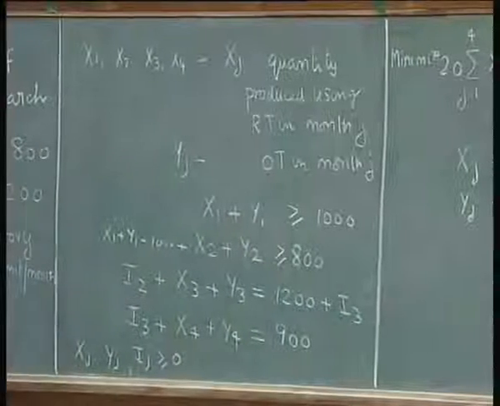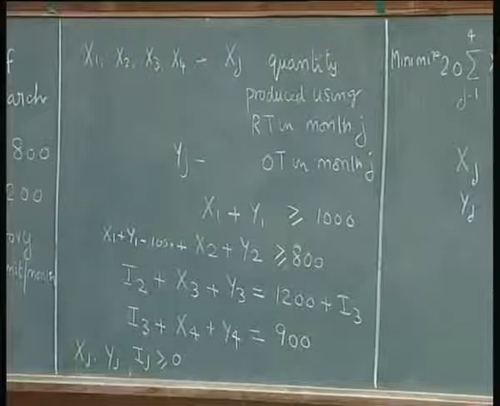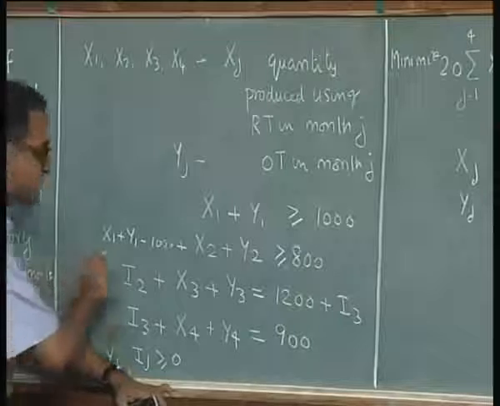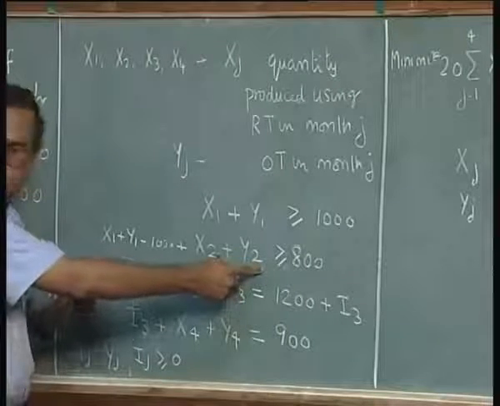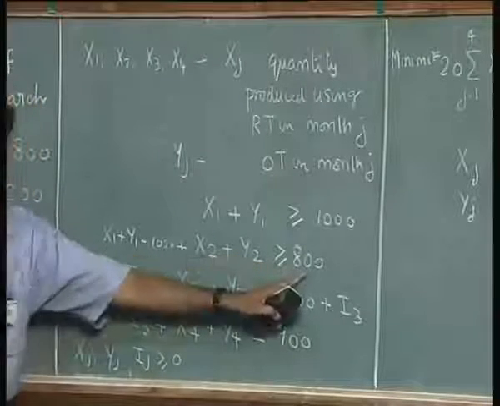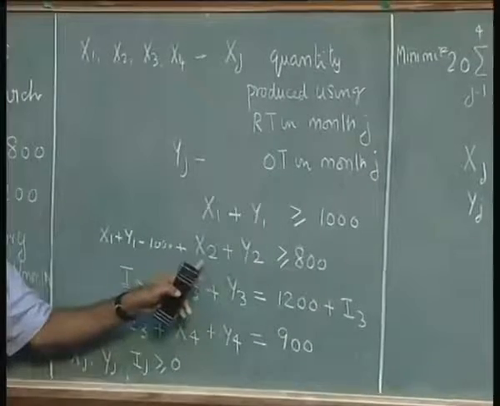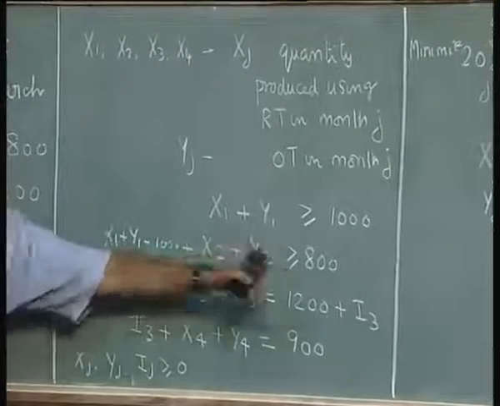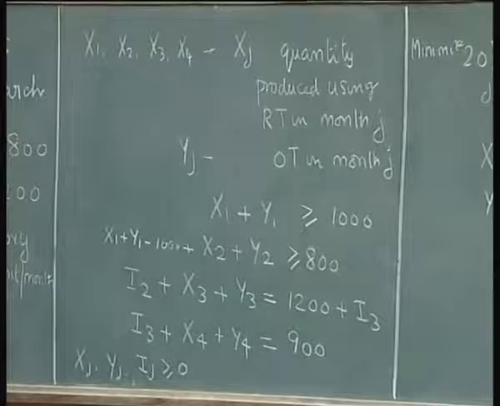So we eliminate this I2 as well. Now this quantity is what is available for the second month. This is the demand for the second month. So if this quantity exceeds 800, then the balance is carried to the third month.